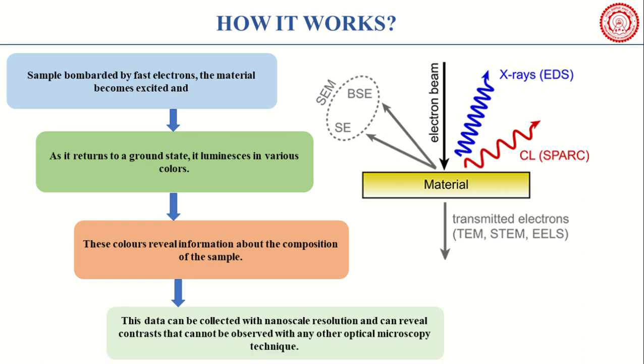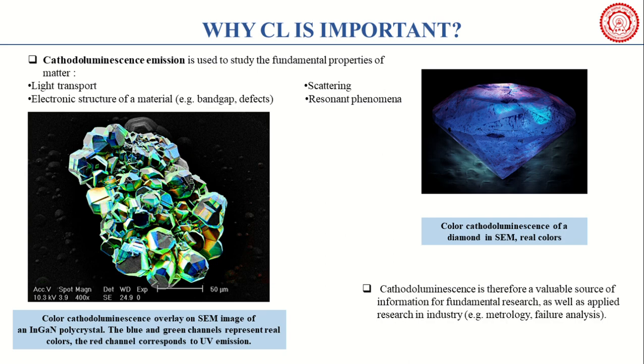This data can be collected with nanoscale resolution, that is very minute resolution, and can reveal contrast that cannot be observed with any other optical microscopy technique, which makes CL imaging a very unique and very useful concept for understanding these types of relations and compositions. Now, why is CL important?